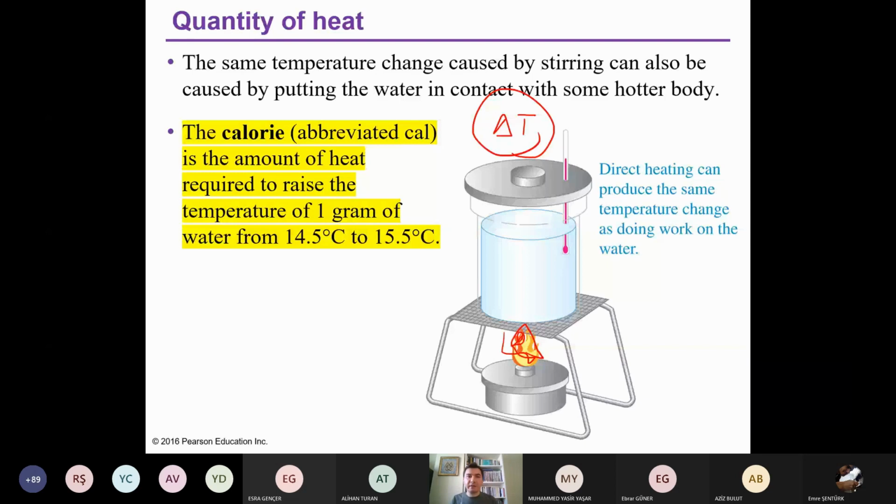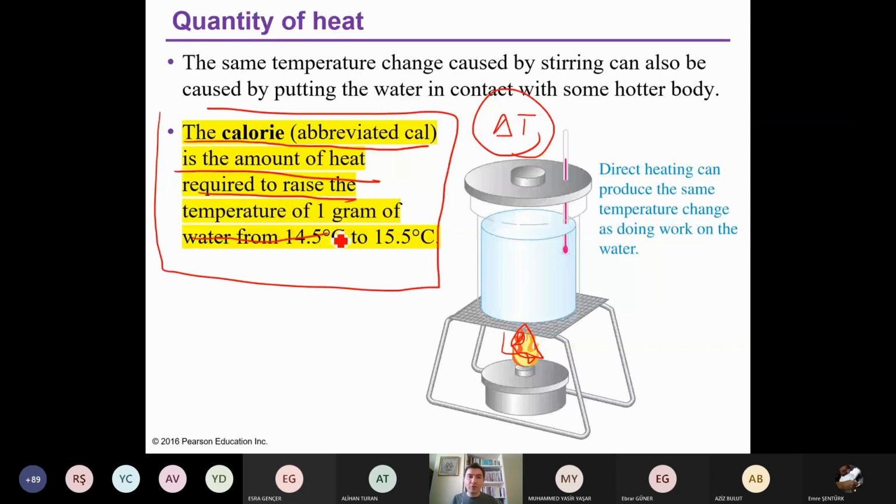The calorie, abbreviated cal, is the amount of heat required to raise the temperature of 1 gram of water from 14.5 degrees Celsius to 15.5 degrees Celsius. So what about the change in the water temperature? 1 degree Celsius.